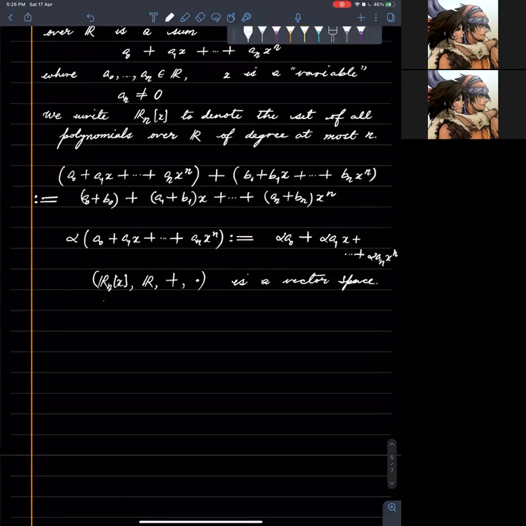And one can play the same game for rational numbers, and complex numbers, and in fact for any field, finite field, whichever field you like.